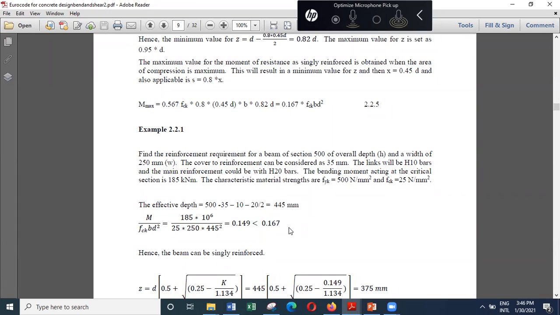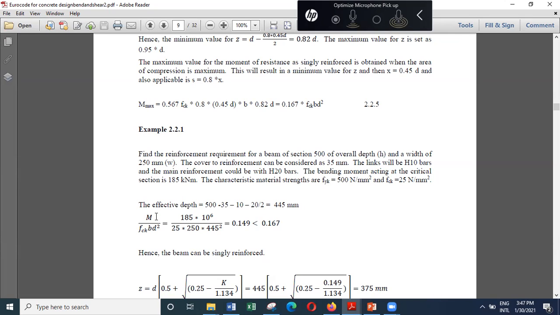And on the other hand, we can easily find what is the value of moment. Maximum moment, or we call it M balance, because when the depth to the neutral axis is maximum, we call it a balanced section. So the idea of the balanced section is when the concrete crushes, steel yields.